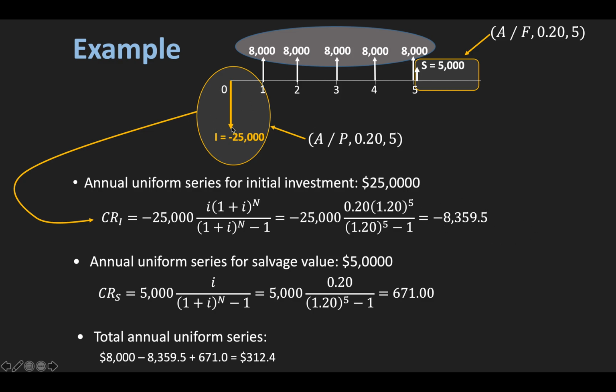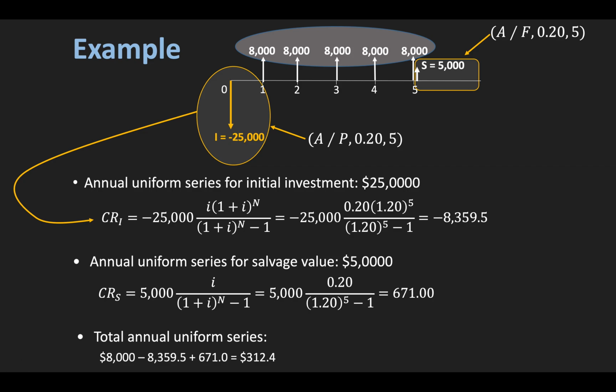So if we convert this to a cash flow on each year from year 1 to year 5, each year it's going to be negative $8,359.5. So basically I'm going to draw another cash flow, converting here, removing this, but it becomes an outflow of this negative amount each year.